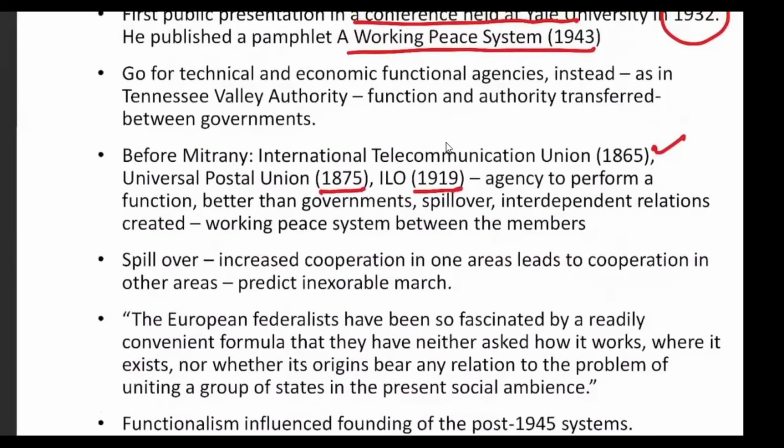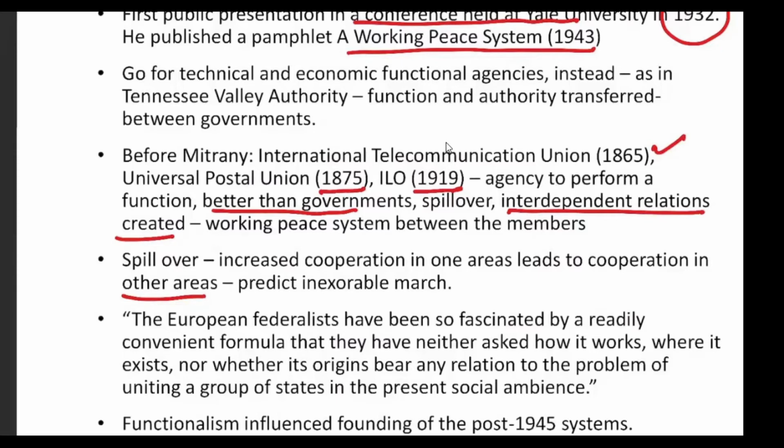These were the agencies that were performing, and he thought they would do better than the government, and due to spillover, which means increased cooperation in one area leads to cooperation in other areas, more agencies, and so interdependent relations will be created.